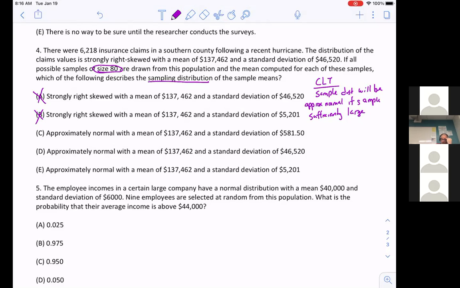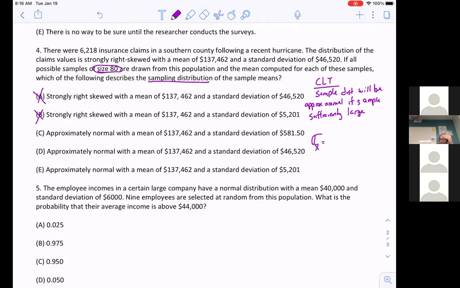And now it's just time to figure out what my standard deviation is going to be. The standard deviation of X bar. Again, this is you knowing where to find the equation, or just being comfortable with the equation.